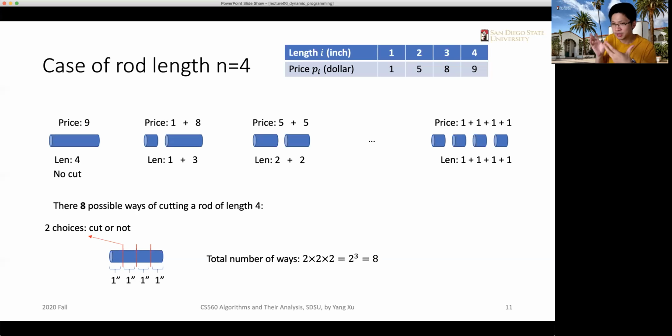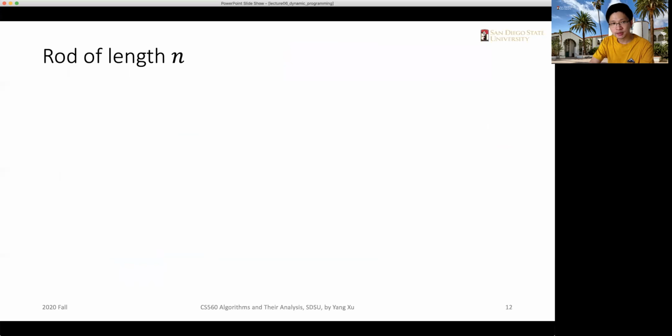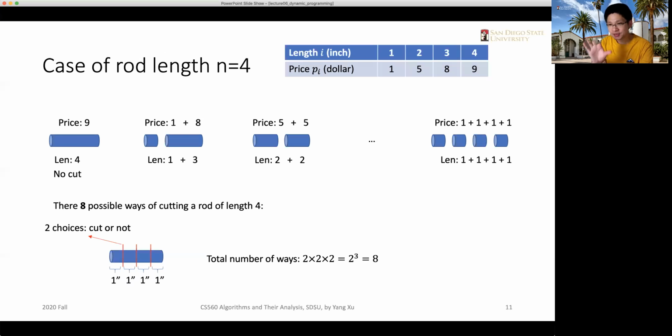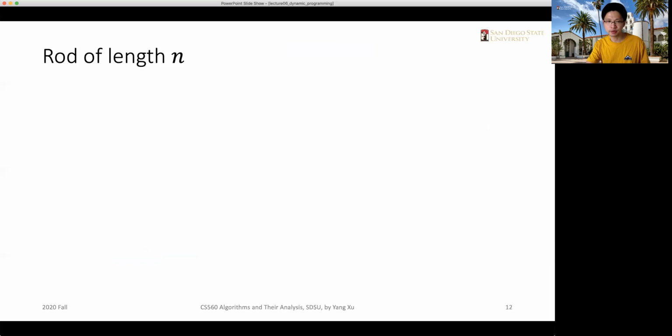The results of some subproblems can be the same subproblems. Okay, so the total number is 8, and in this case, it's relatively easy to go through all the subproblems, right? We just list all the 8 ways to cut, and then simply list the best solution, optimal solution.